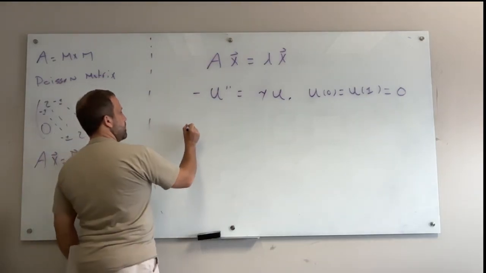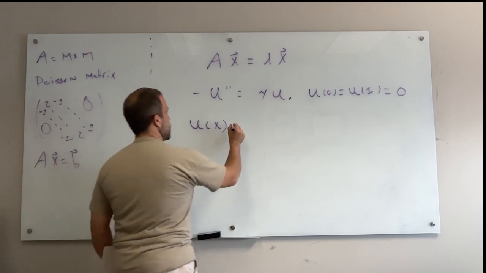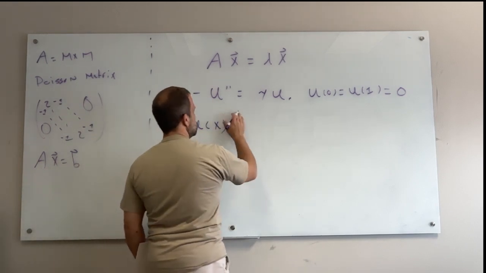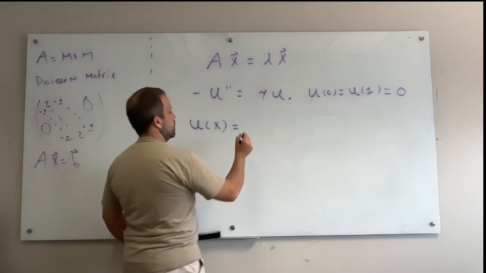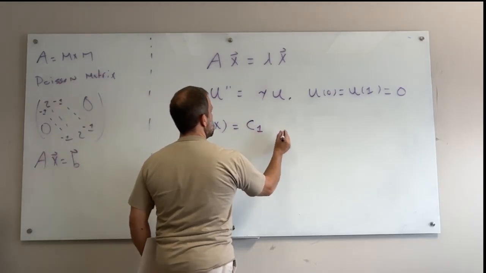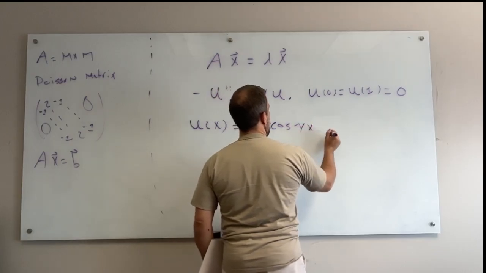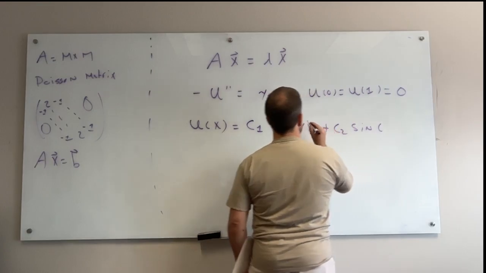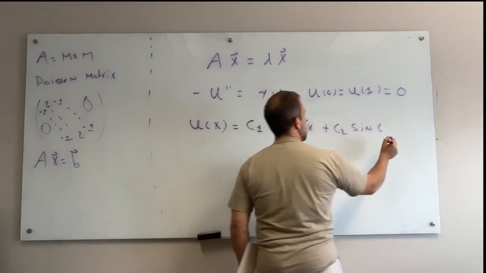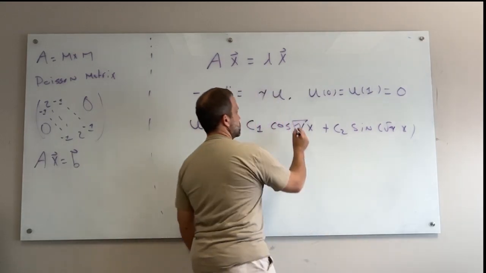Okay, so if you have this, you can verify that the general solution to this differential equation is u of x equals C1 cosine of square root of gamma x plus C2 sine of square root of gamma x.